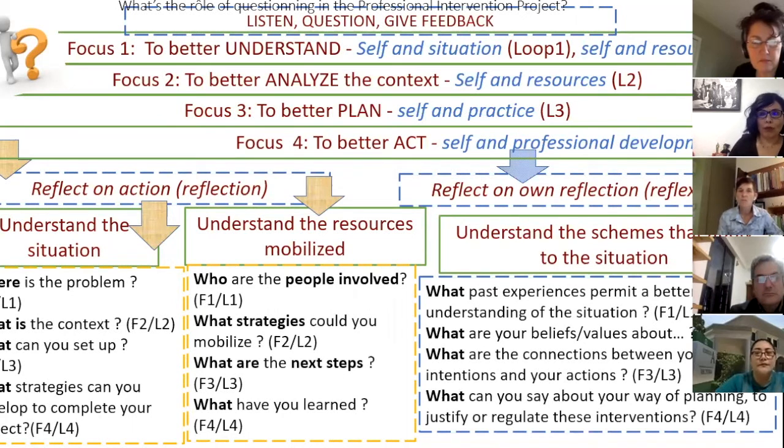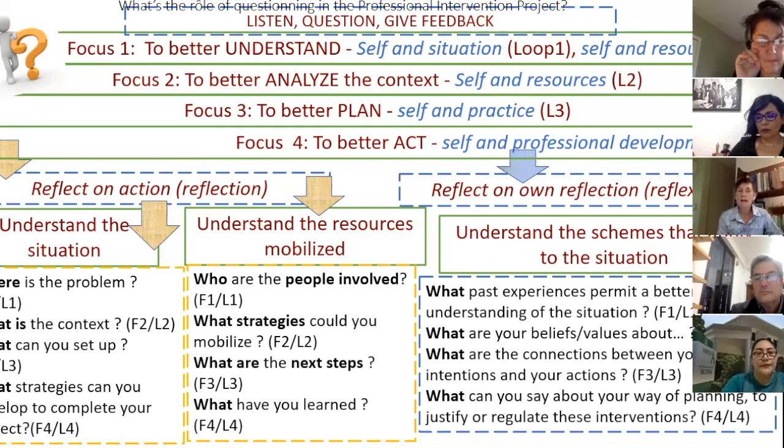Therefore, there are 4 focus areas, and there are 4 loops of reflection. We can have a loop on the self and the situation. We can look at what resources we have or can use to respond to that situation. We can look at our own practices, and we can also look at what kind of professional development I'm going through.